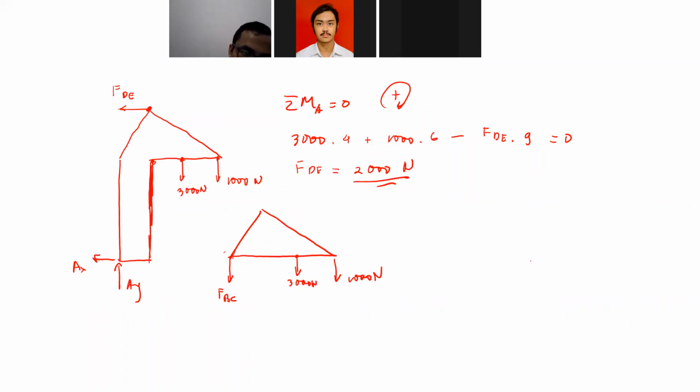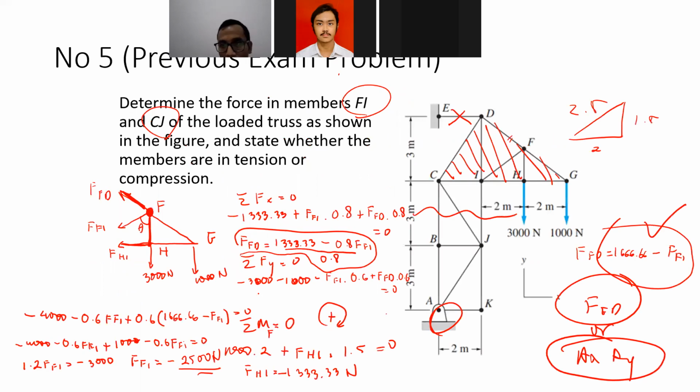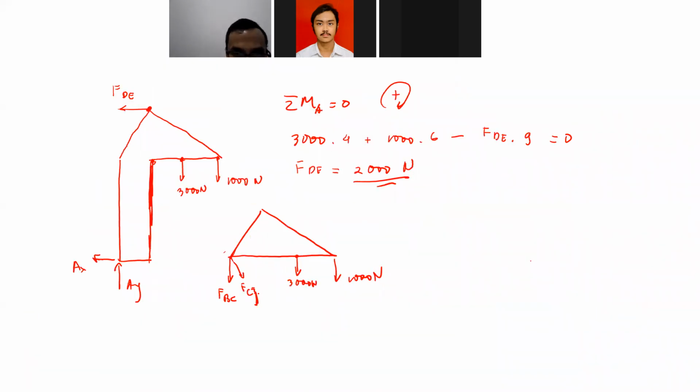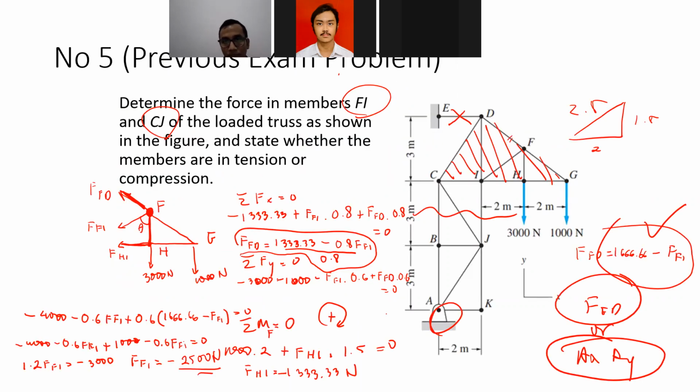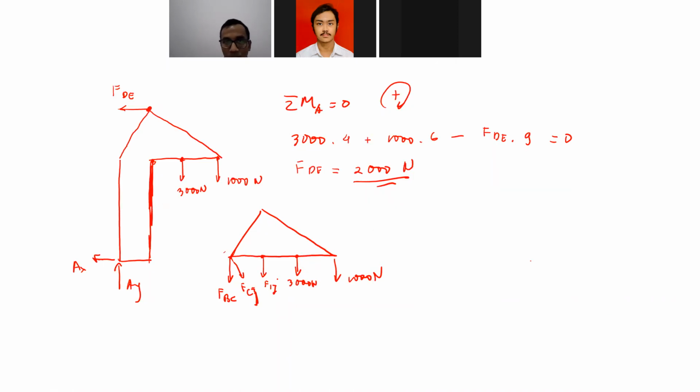CJ, and then FIJ. And we have FDE as well, but we know the value already, so we will just put 2,000 Newton here. This is it, right, Irshad?